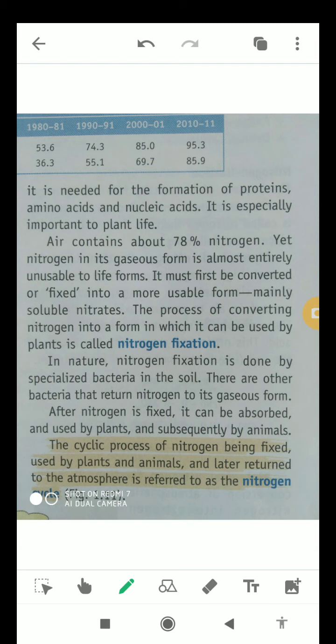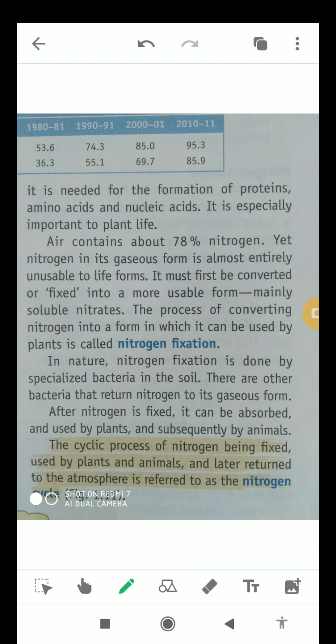So nitrogen fixation is the process in which nitrogen is converted into different forms in which it can be used, a more usable form. And this process in which the nitrogen is converted into soluble nitrates is known as nitrogen fixation.